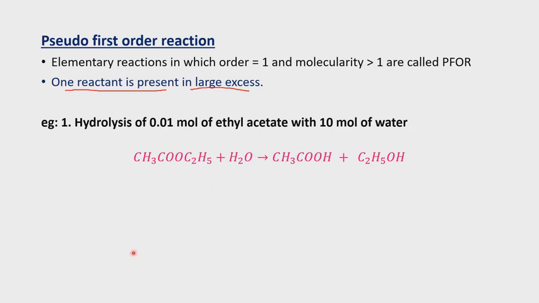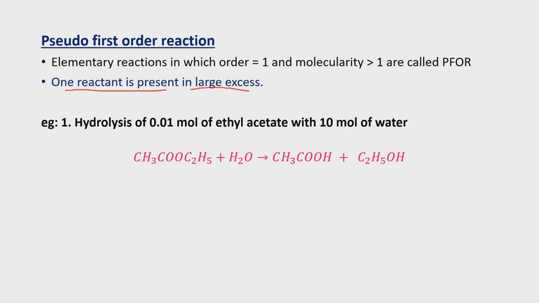So can you write the rate equation? Already we studied how to write the rate equation or rate law. Rate equal to K into reactant concentration into something. Here also rate equal to K into this concentration into this concentration.